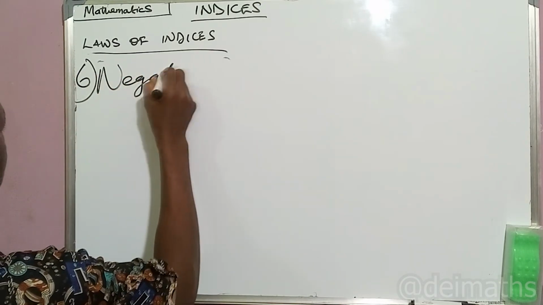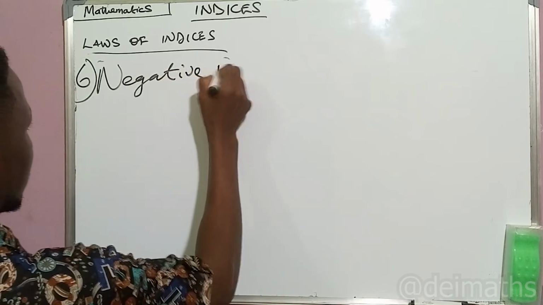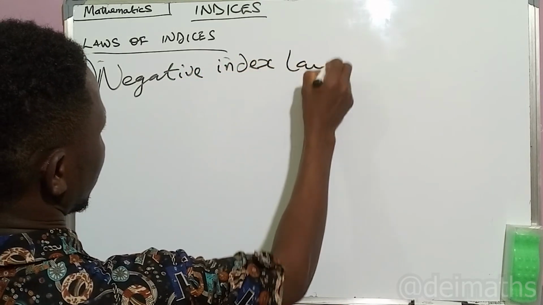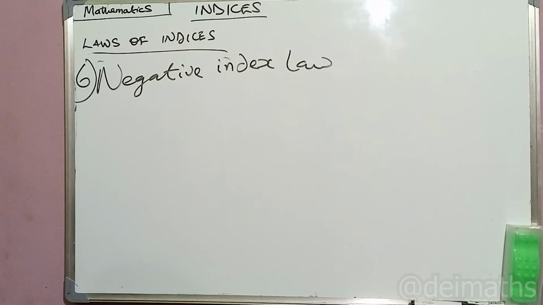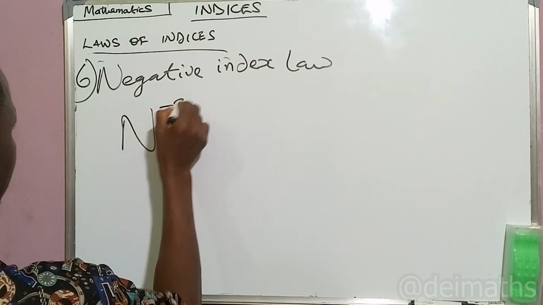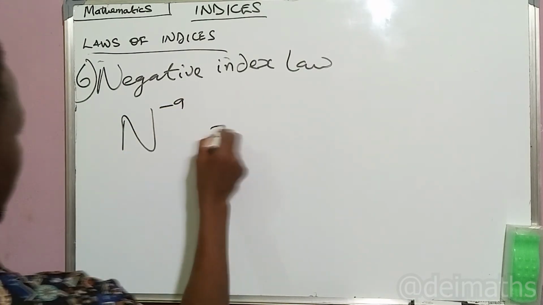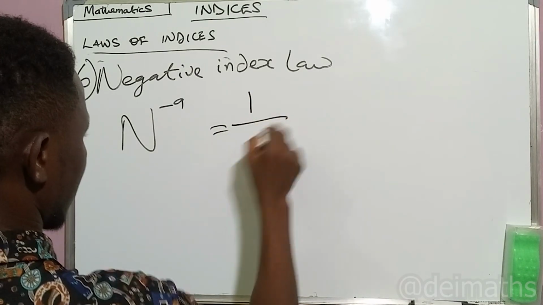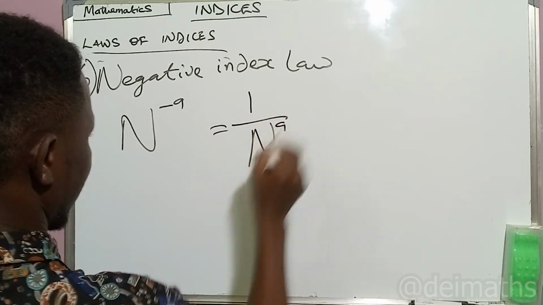Negative index law. If we have a number n raised to power minus a, the answer should be 1 over n raised to power a.